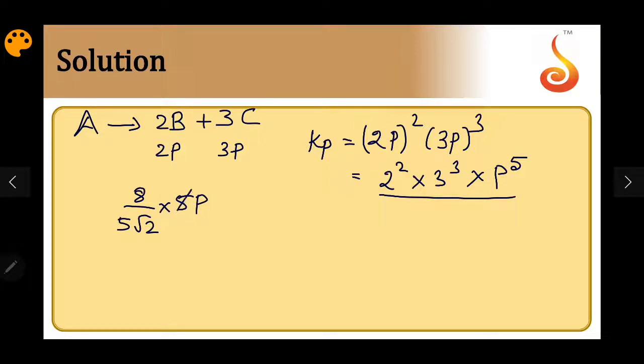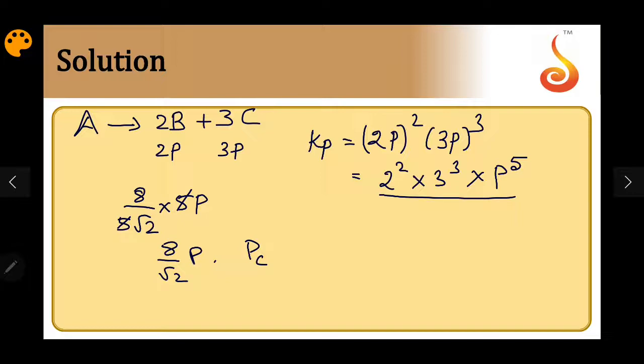The 5 gets cancelled, so I get 8 by root 2 P. And let the pressure of C be PC. So what is the new equilibrium? The square of 8 by root 2 P and PC whole cube, equated to the original equilibrium constant.